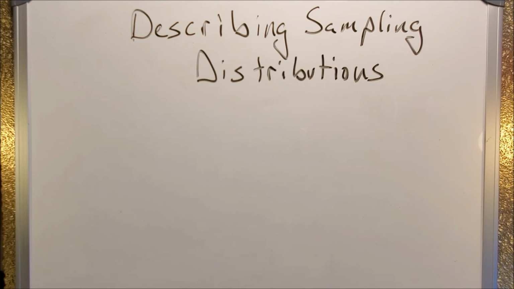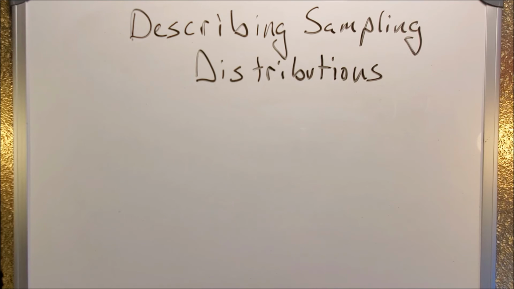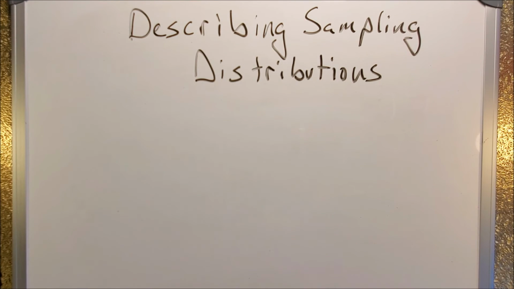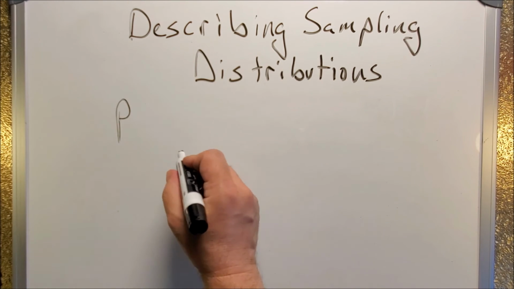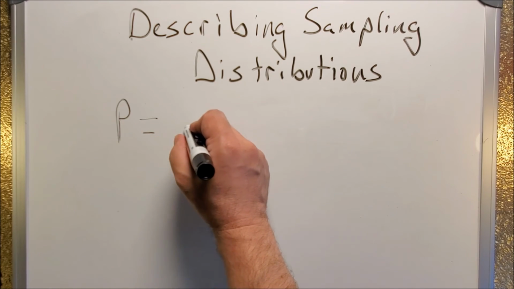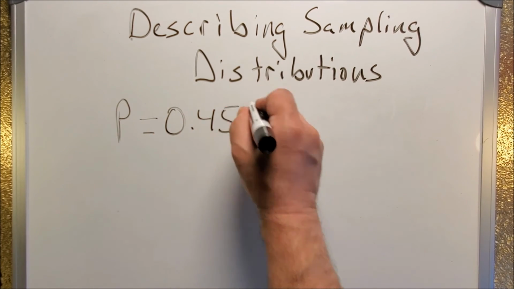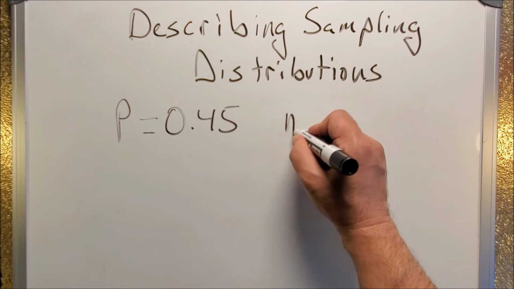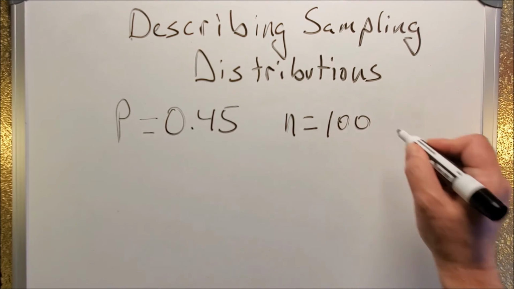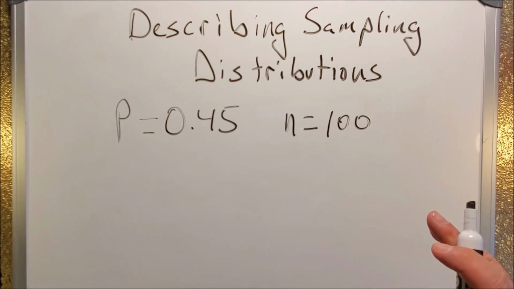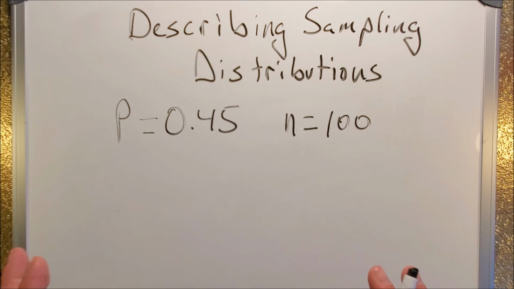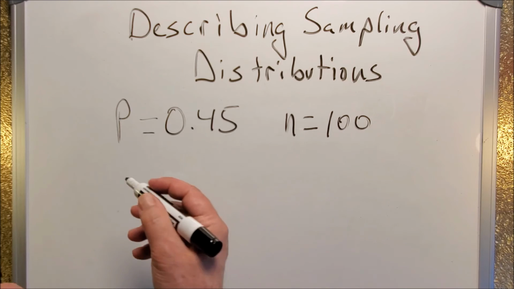Okay, so let's describe some sampling distributions. I'm going to propose that we have a population with a population p of, let's make it 0.45, and we're going to take samples of 100. Now, just like with sampling distributions for the sample mean, if you're describing a sampling distribution, you're going to need to come up with a couple of basic things.